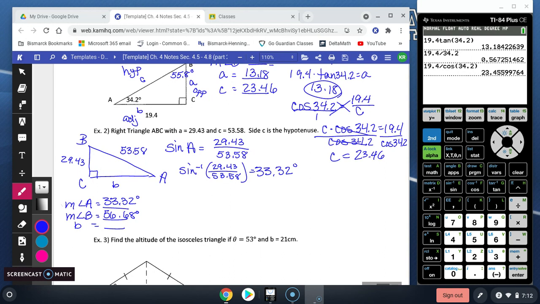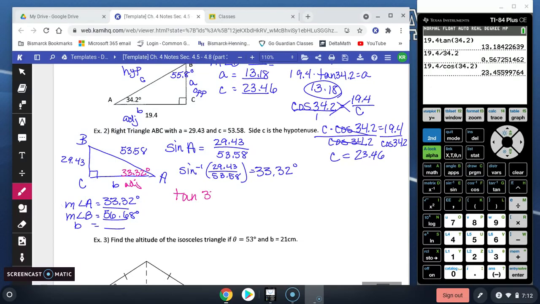If I want to do side B, let's see, I found that angle A was 33.32 degrees. So from angle A, I could look at side B as being the adjacent side, and then I could use either one of the others. So if I go opposite, I could do a tangent statement.